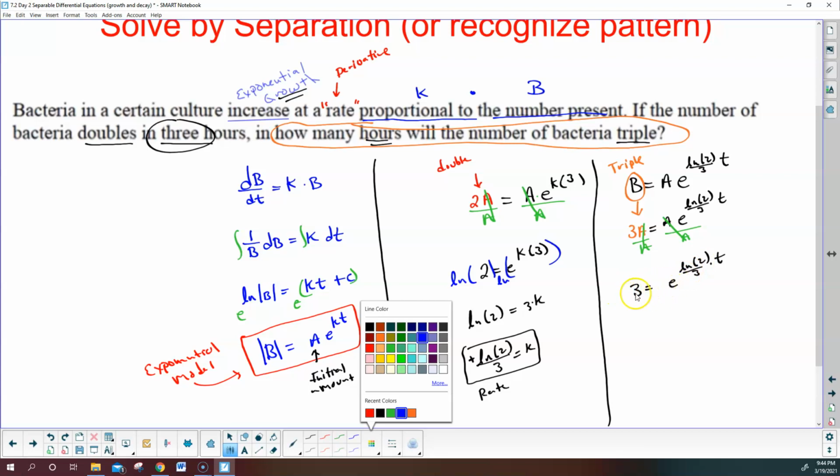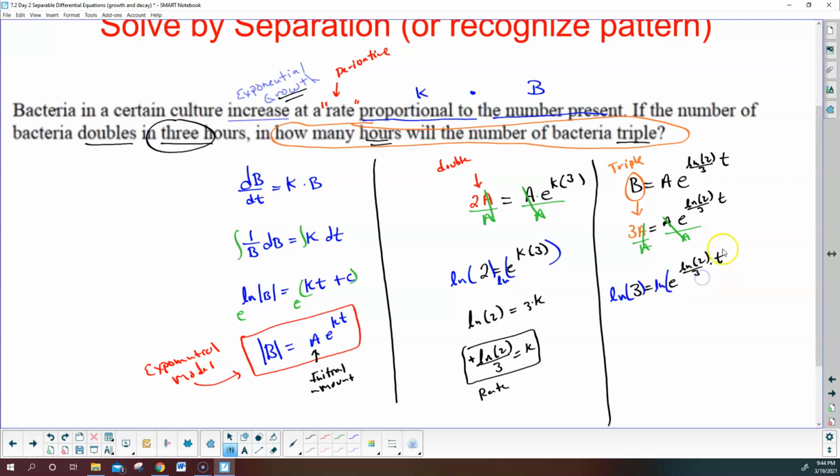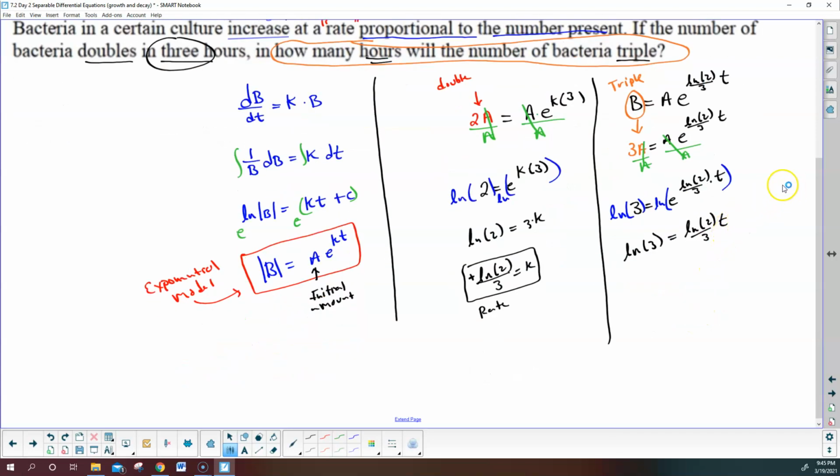So I got to get rid of base e, which means I'm going to take the natural log of both sides. So e and ln go away. I'm left with the natural log of 2 divided by 3 times t. And then I have to divide by this whole piece. Well, I don't like division, so I'm going to multiply by the reciprocal. I'm going to multiply by 3 over natural log of 2.